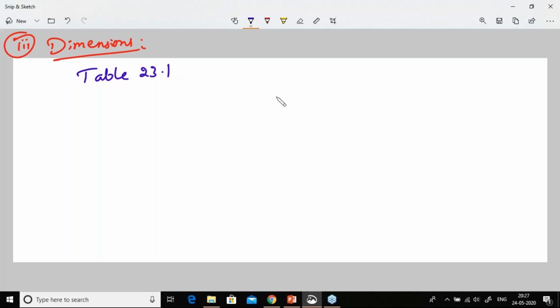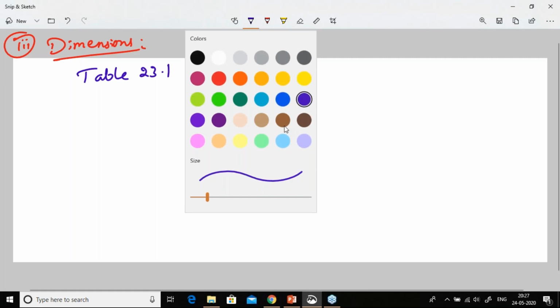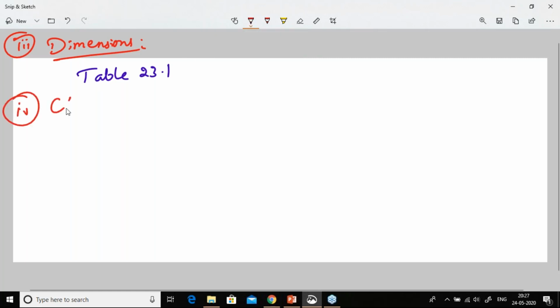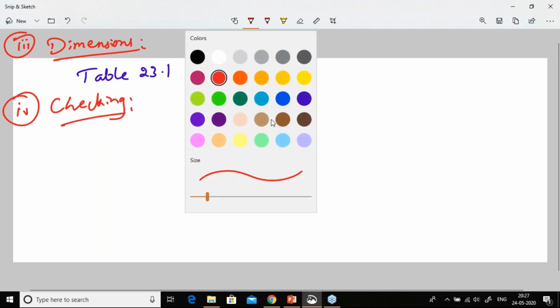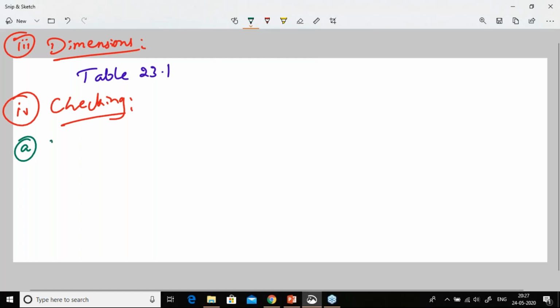And in the fourth step, checking. So in this one, a dynamic load.